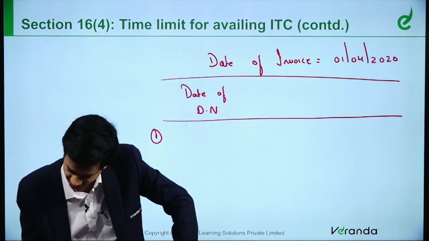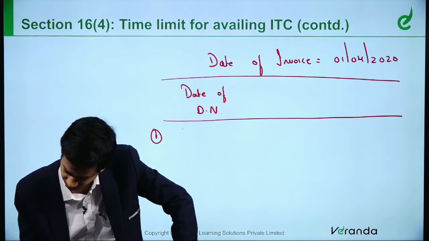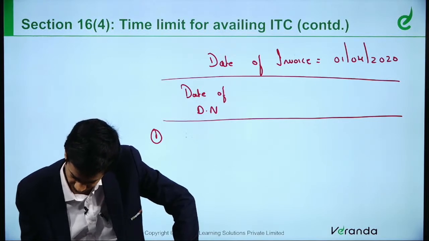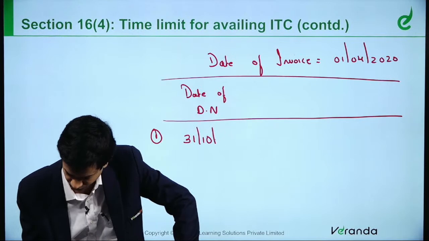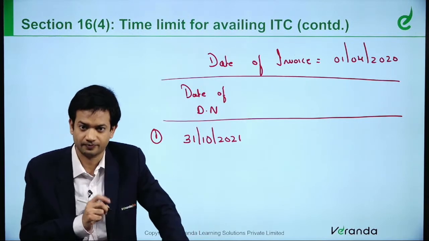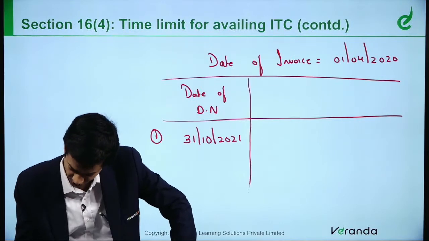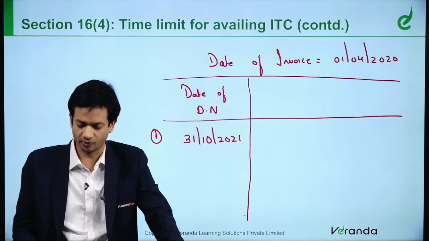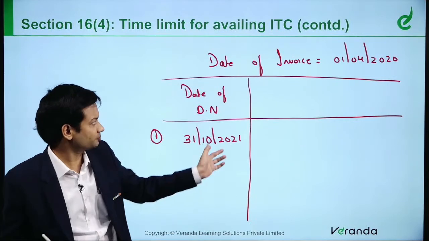In the first case, let's say the date of debit note is 31st October 2021. Now, this debit note is pertaining to this invoice.